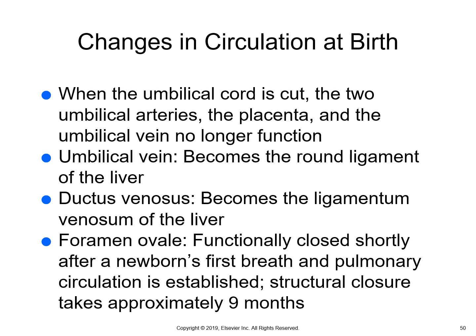So again, this is what happens to these vessels that were providing the nutrients and oxygen that the baby needed while they were in the womb. Cutting that umbilical cord is going to initiate the transition from placental to pulmonary circulation.